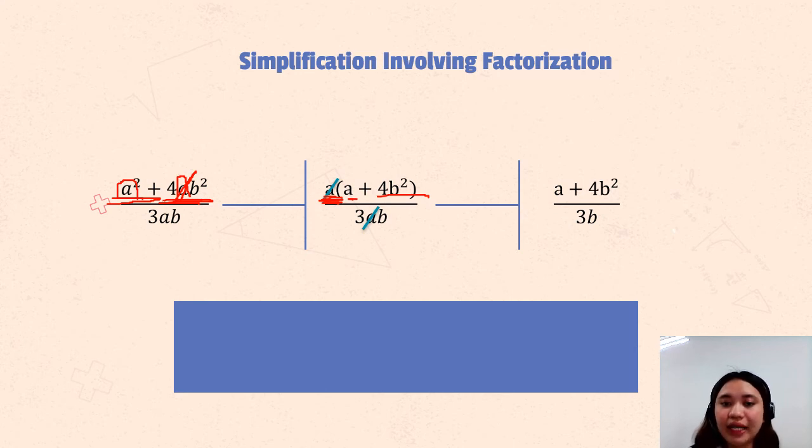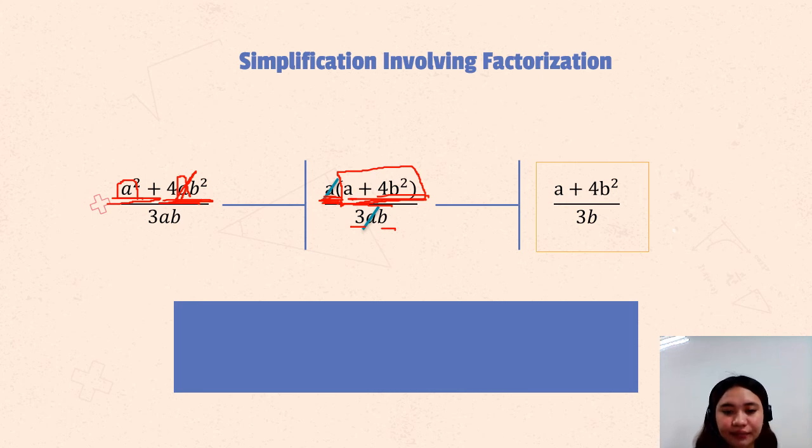Just write the remaining coefficient and variables. So, in the numerator, we have a plus 4b squared, and in the denominator, we have 3 and b. So, the final answer is a plus 4b squared all over 3b.